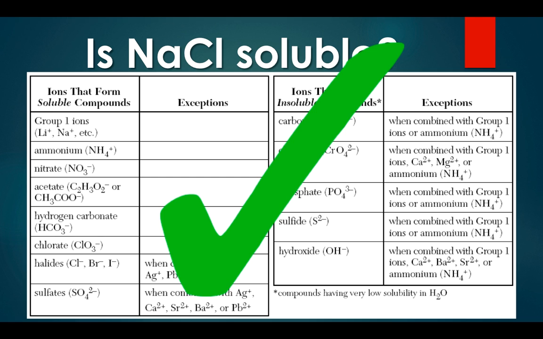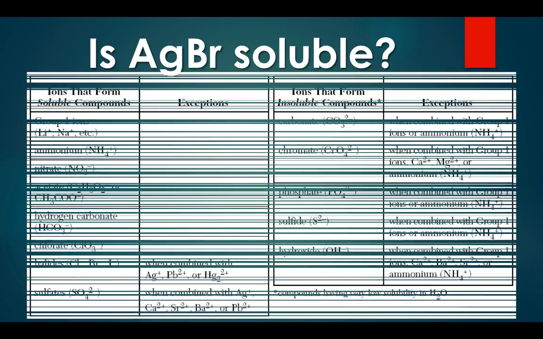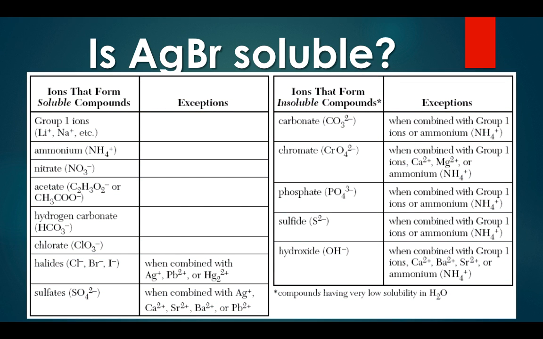We're going to do a few, so maybe it'll be a little more understandable. How about silver bromide? So, let's take a look at Table F. We're looking at silver and bromine. If you scroll down to where it says halides, notice bromine is listed in the column of ions that form soluble compounds. However, there is an exception.